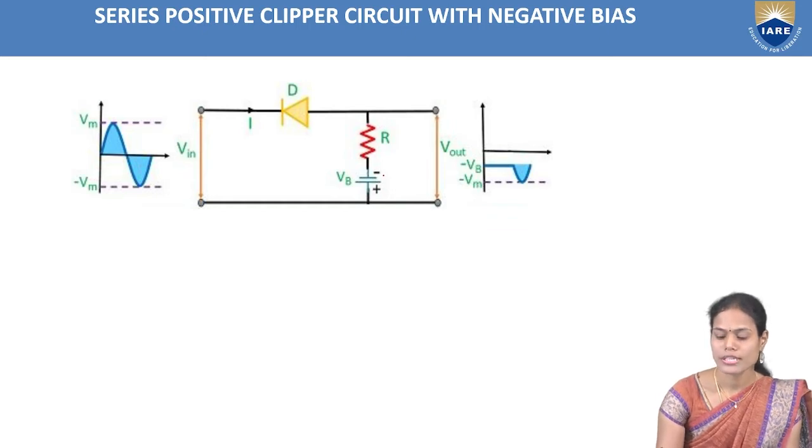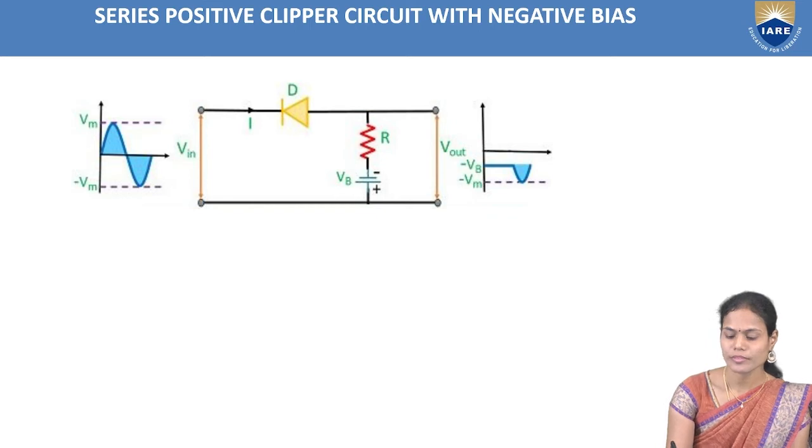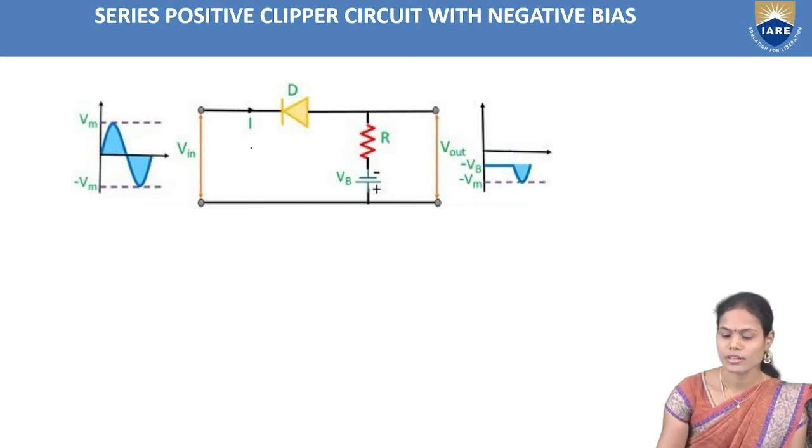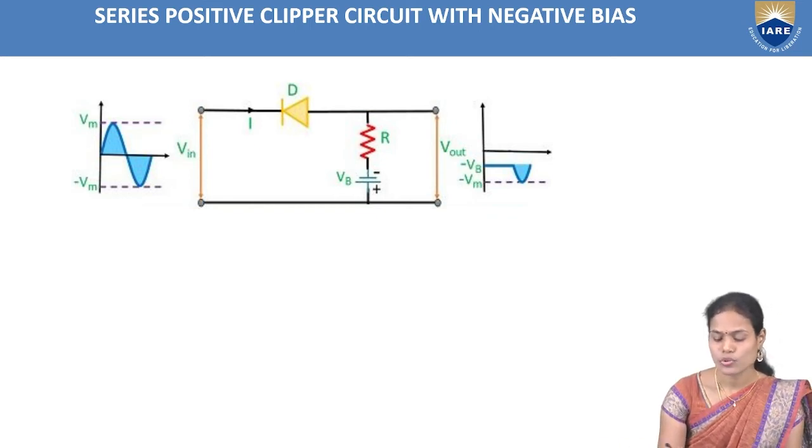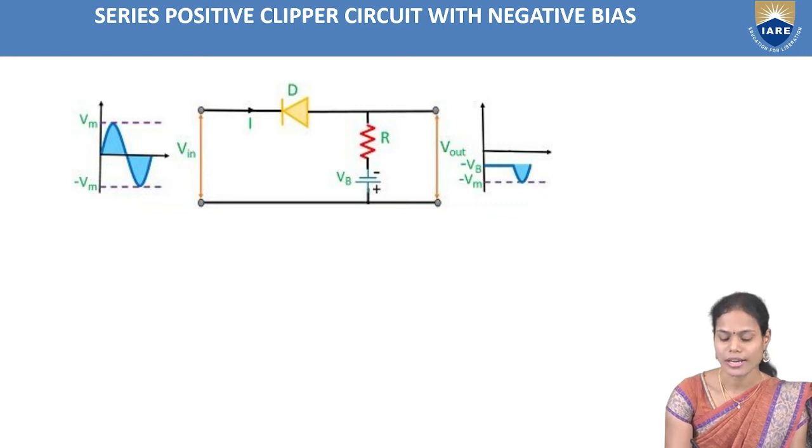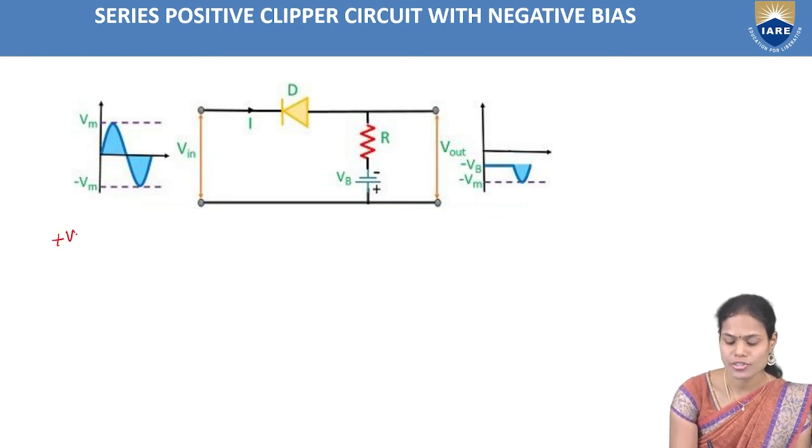This is the same battery we connected reversely compared to the previous circuit. So to see the operation of this series positive clipper with negative bias, again I am considering the positive half cycle of my input signal, that is plus Vm.